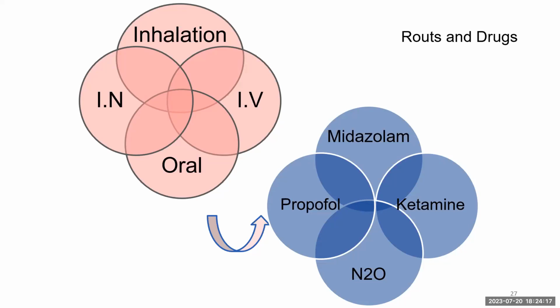For example, you can give midazolam with nitrous oxide, and you can give ketamine with propofol, and they call it ketofol. So you can combine the drugs and you can combine the routes of administration. And this is where we go out of simple sedation. So whenever you combine techniques or drugs, you are out of simple sedation.